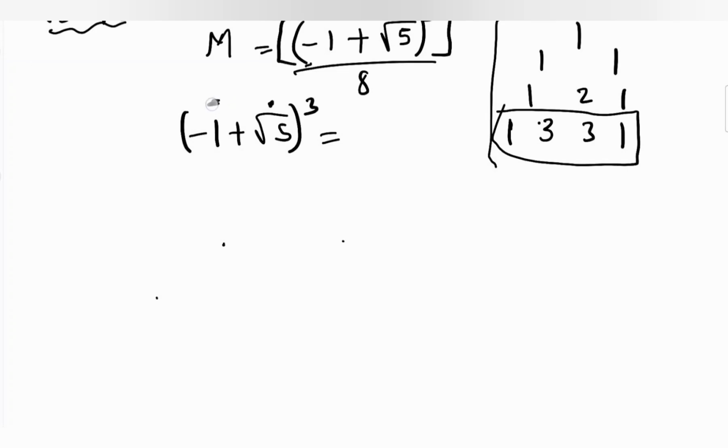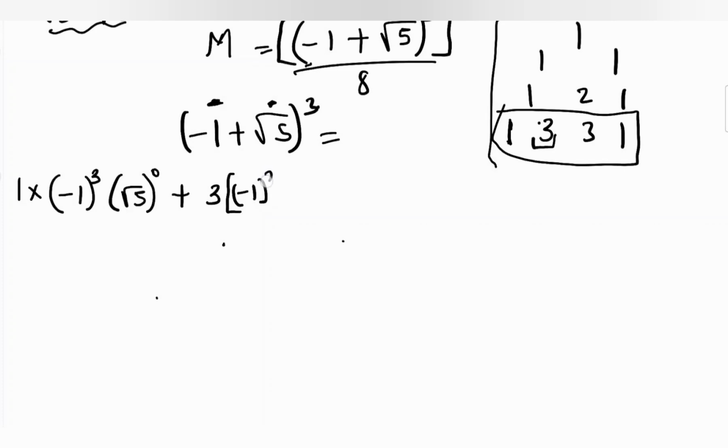Once the first term is reducing in powers of 3, the other term will be increasing up to the power of 3. So we have (-1)^3, the coefficient here is 1, so 1 times (-1)^3, then (√5)^0, plus the next term here is 3 into (-1)^2, it reduces to 2, then we have √5.